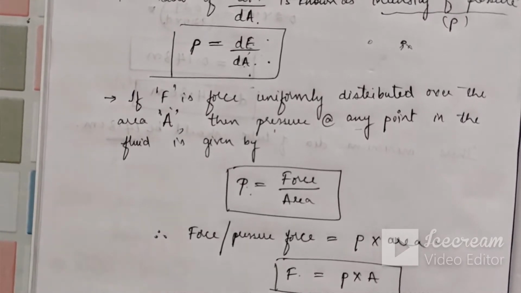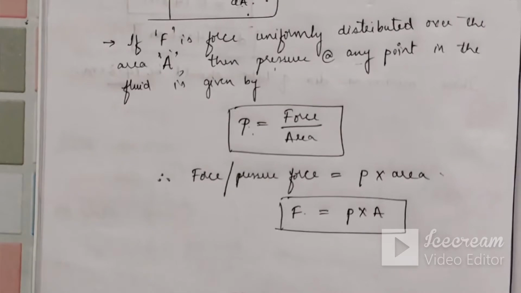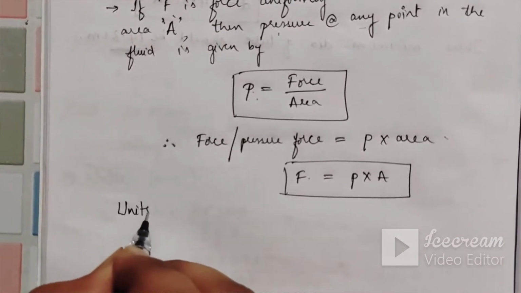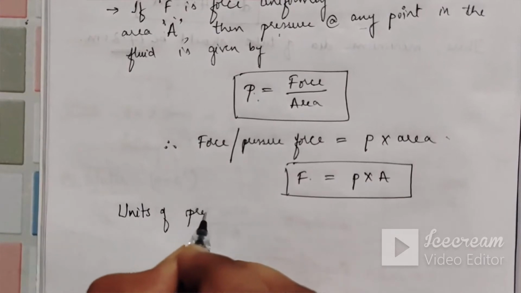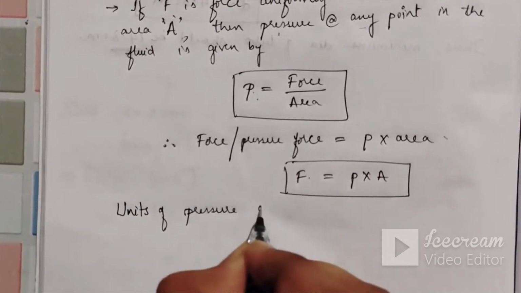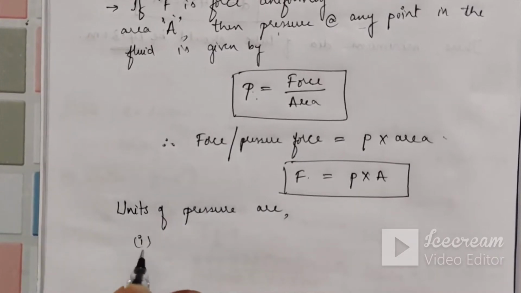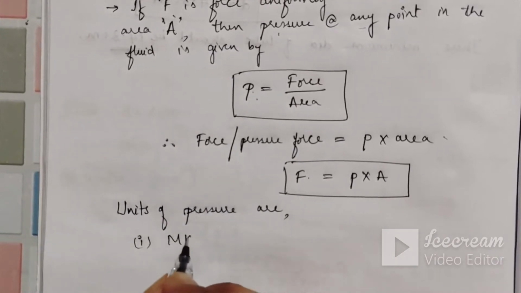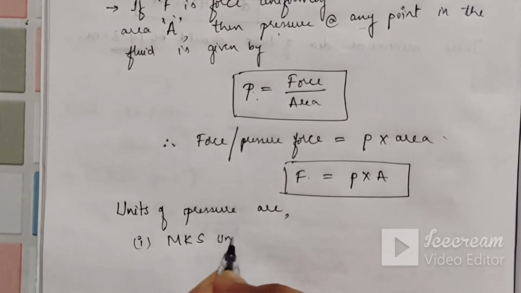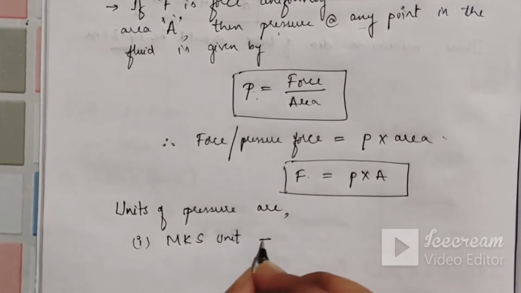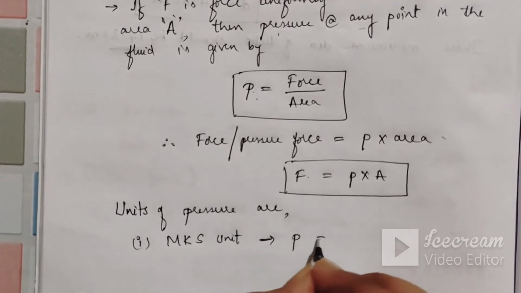Fine. So what are the units now? Units of pressure depend on the system. If we take the MKS unit, what will be the unit of pressure?